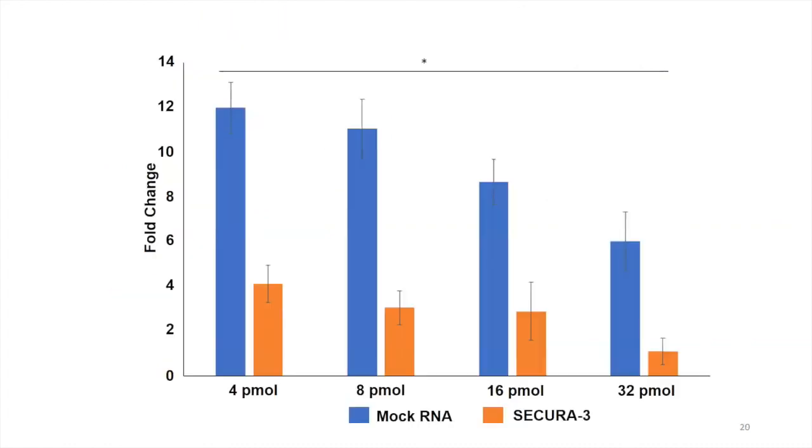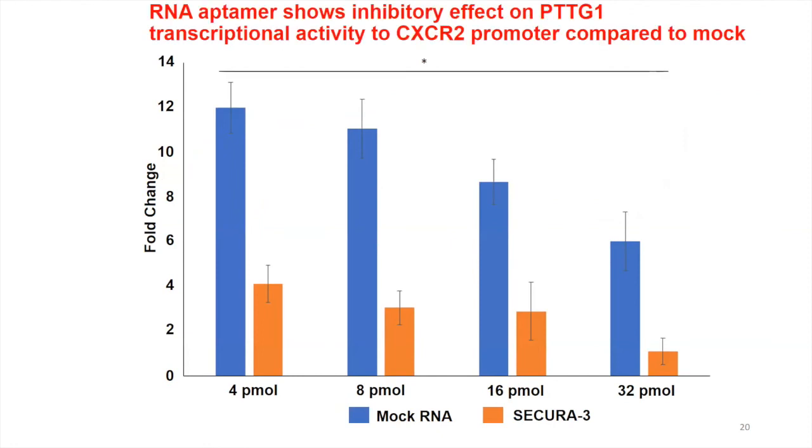And we realized that when the concentration of this aptamer is increased, the fold change in signal production also reduces, as you can see from this figure, from 4 picomole to 32 picomole. So that means the inhibitory effect happens in a dose-dependent manner.